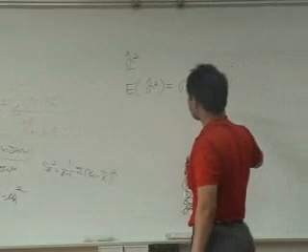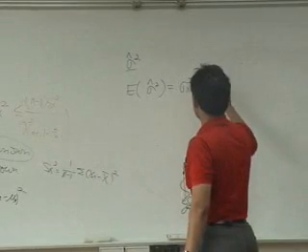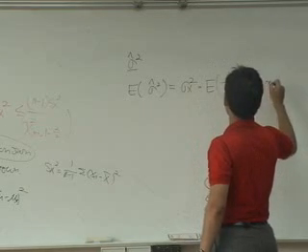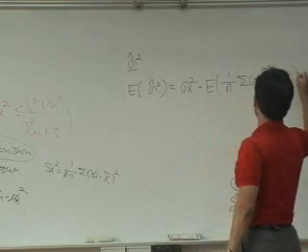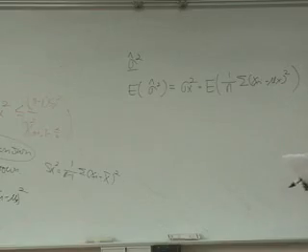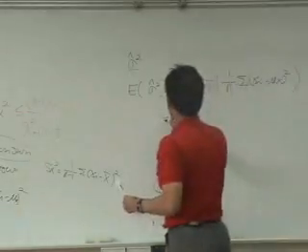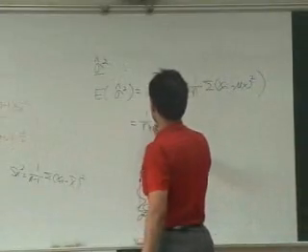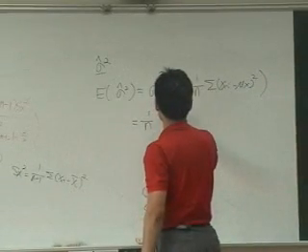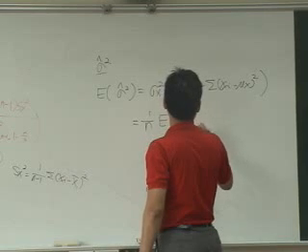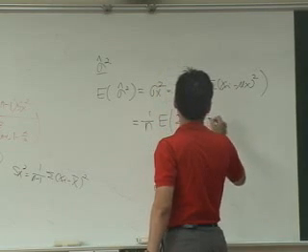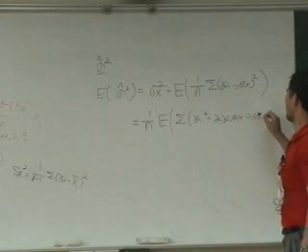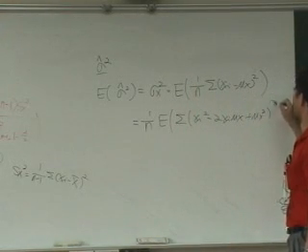So you have the expectation of 1 over n summation of xi minus mu x squared. If we take this out of the expectation, it is 1 over n, and then the expectation of summation xi squared minus 2 xi mu x plus mu x squared.